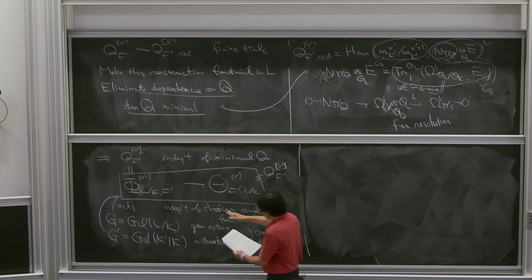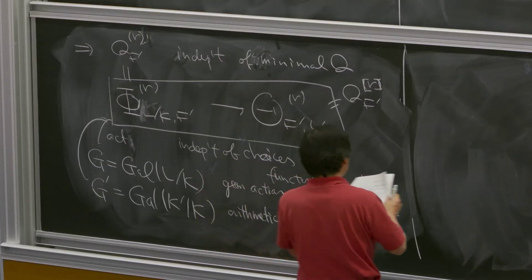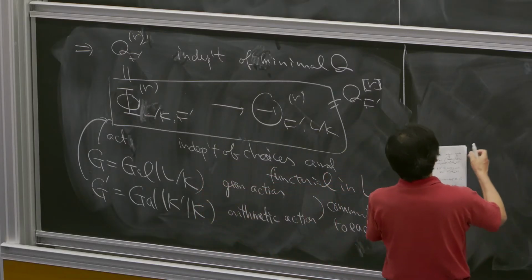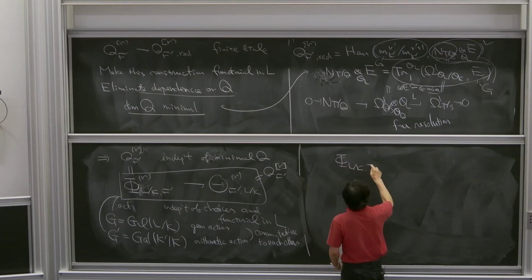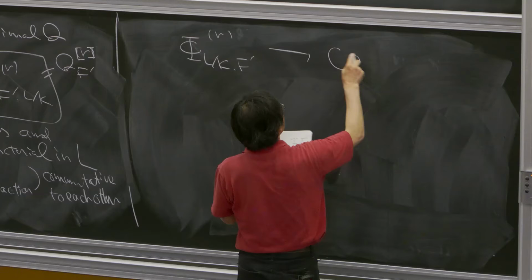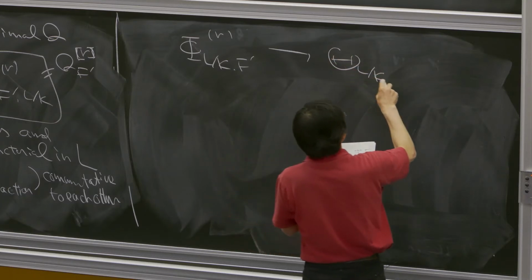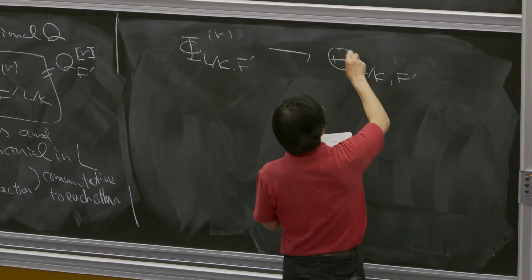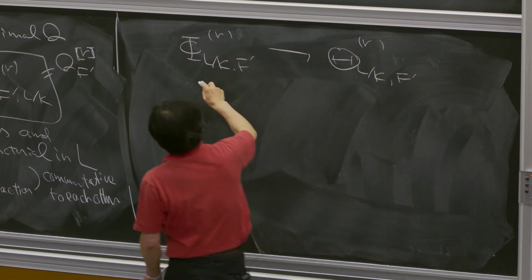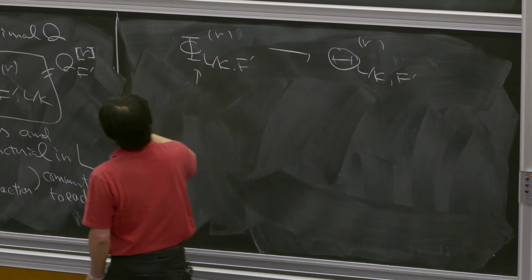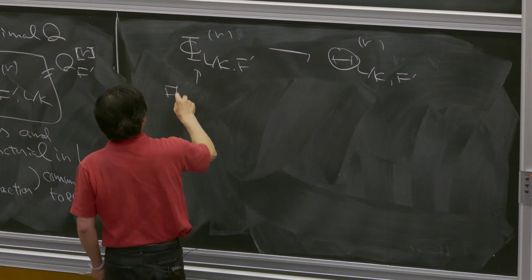So now we look at this more closely. So we have phi to theta. And we have a map from FL.